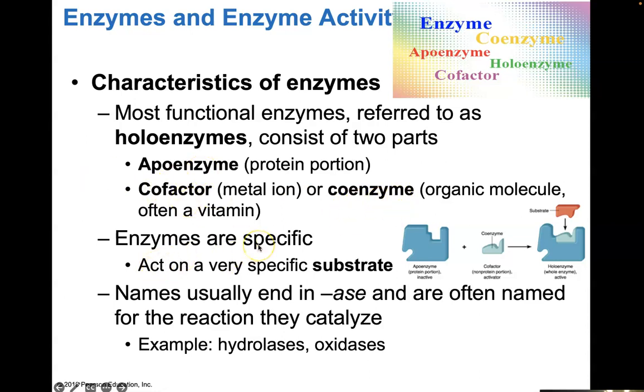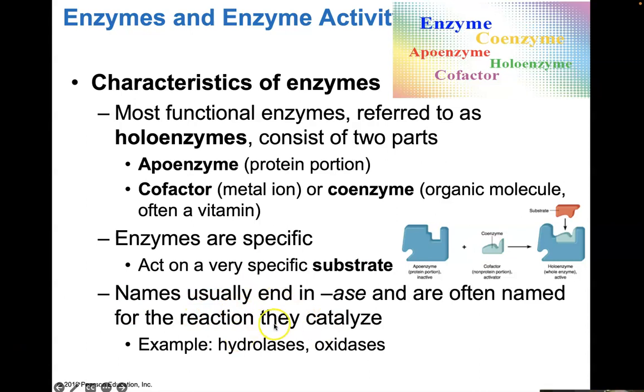Again, enzymes, as you already know, are very specific. They act on a very specific substrate. So enzyme 1 will only bind substrate 1. Enzyme 2 will only bind substrate 2, okay? And each enzyme will have its own specific cofactor or coenzyme that's required, or pH that's required.